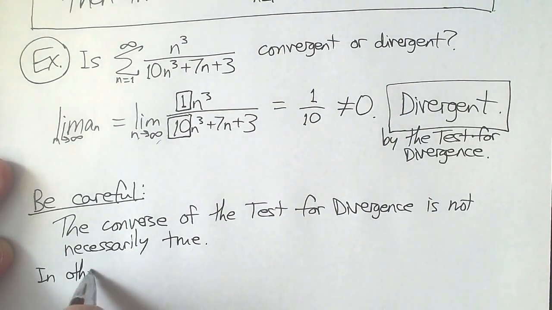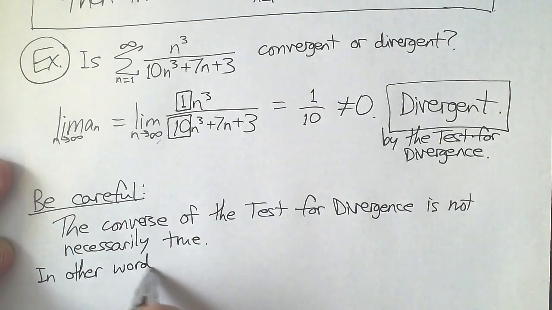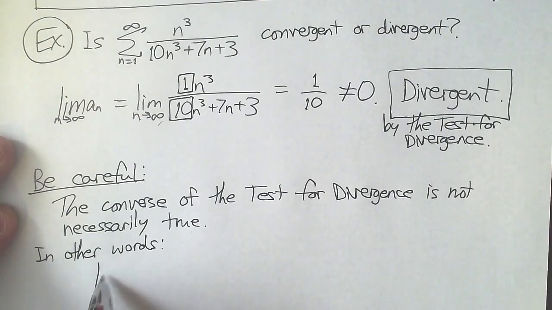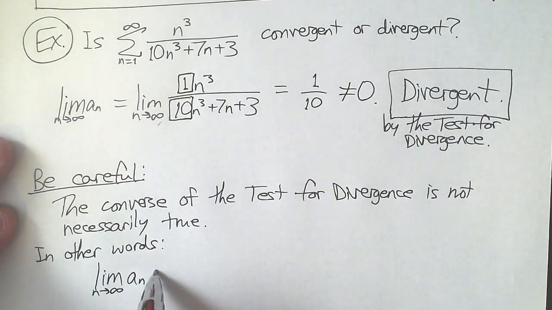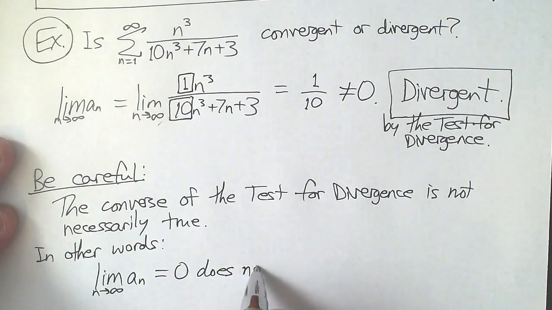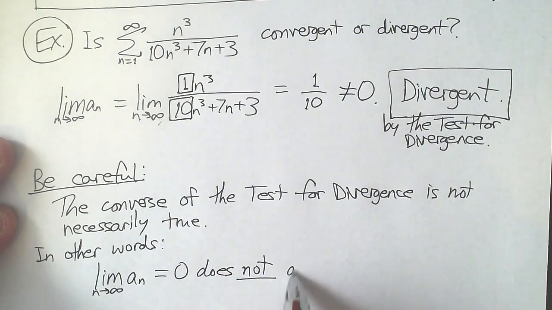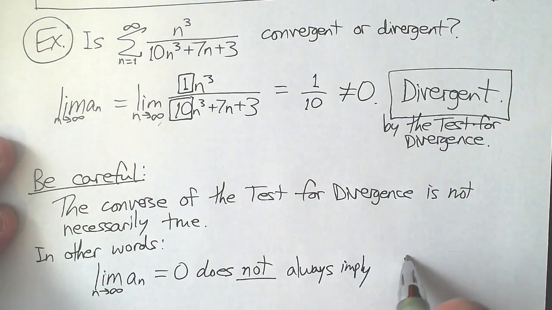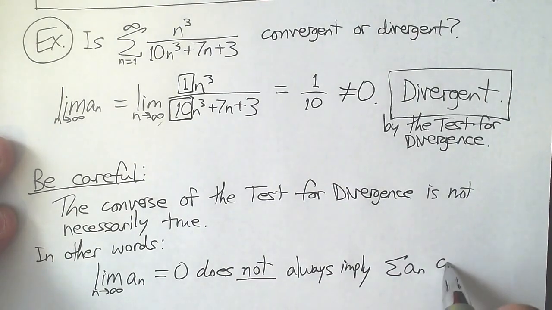In other words, the limit of an equaling 0 does not always imply that the series converges.